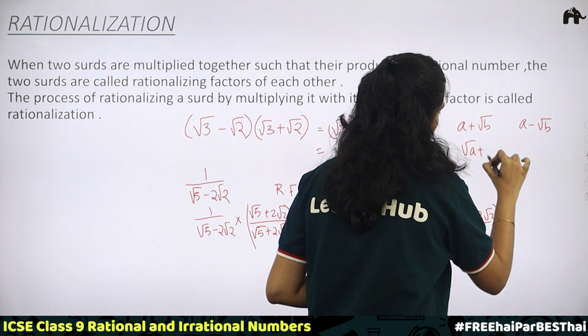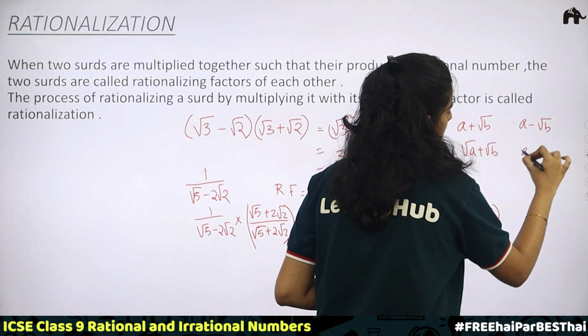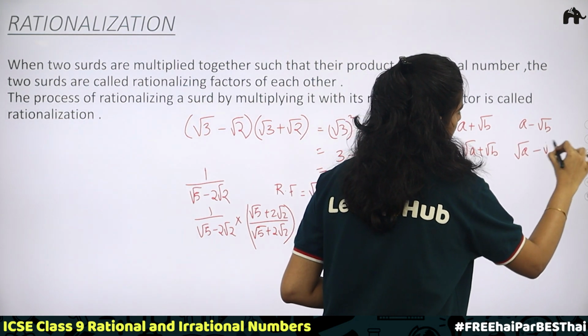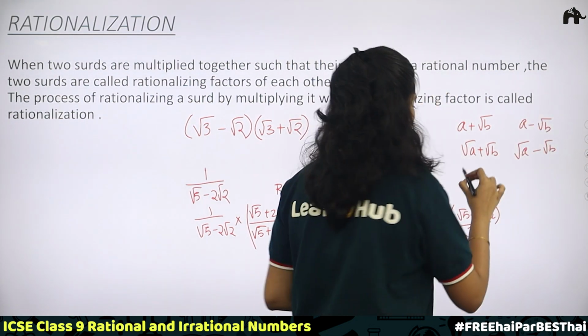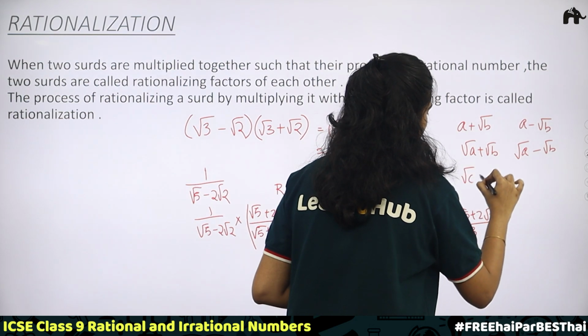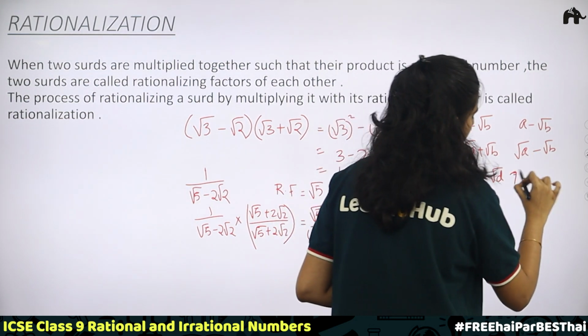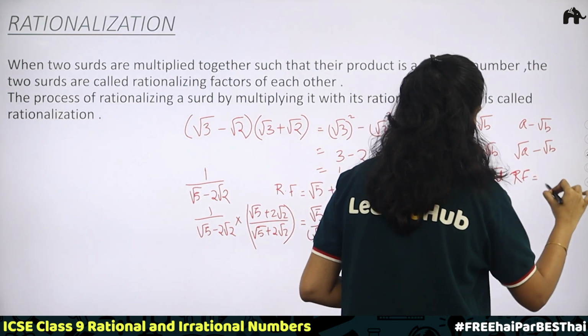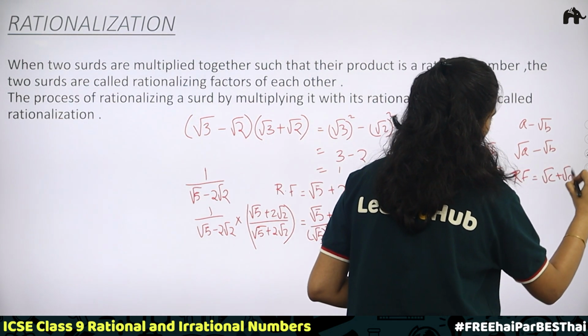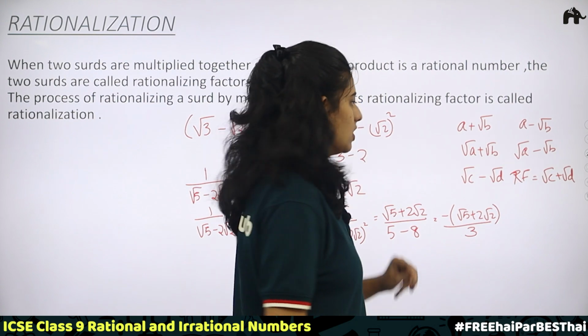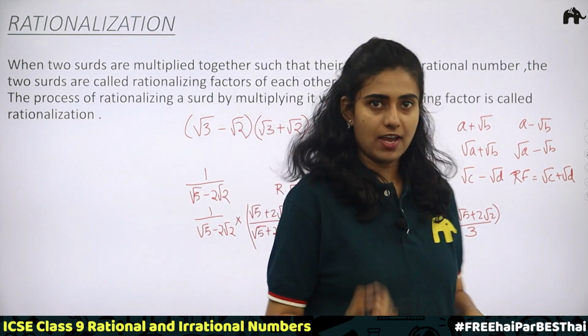If it is root a plus root b, then the rationalizing factor is root a minus root b. If you have root c minus root d, then the rationalizing factor will be equal to root c plus root d. So this is how you can find the rationalizing factors.